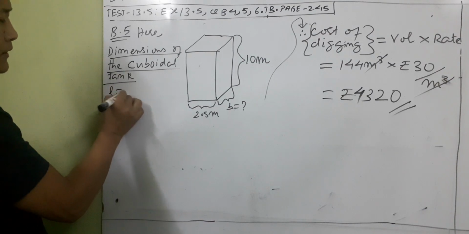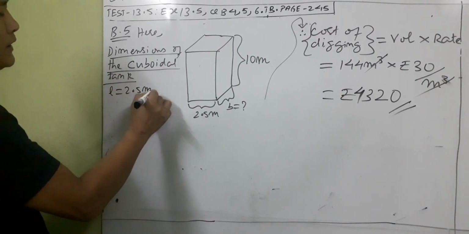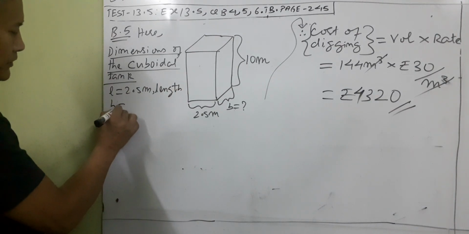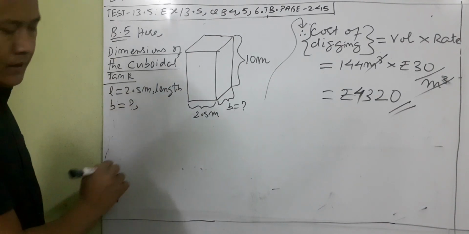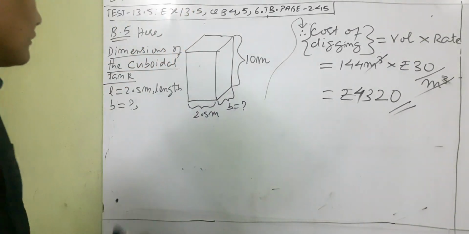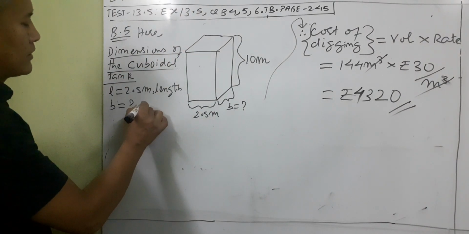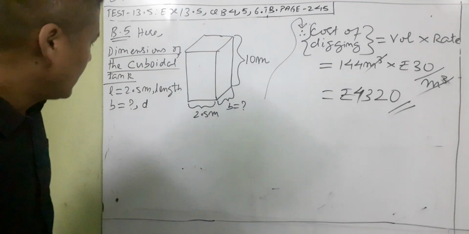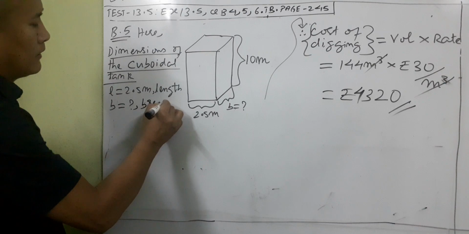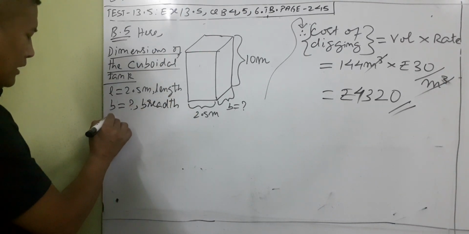The length is 2.5 meter, clearly mentioned, and then the breadth B is a question mark. This is what the question is asking us to find: the breadth of the tank. So we just write here, breadth of the tank, B-R-E-A-D-T-H, breadth. We don't know yet.